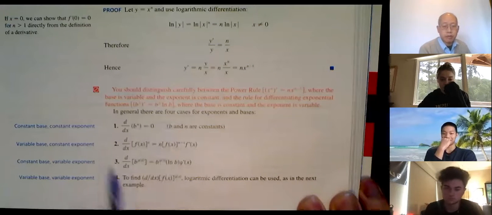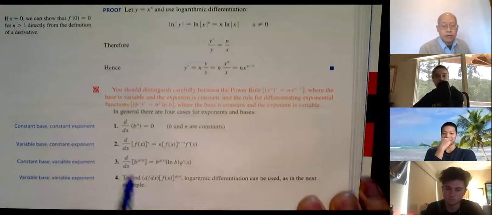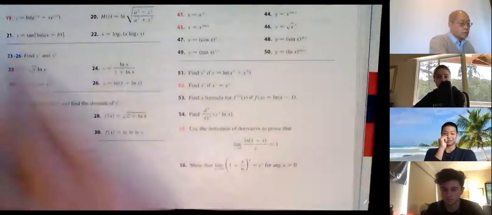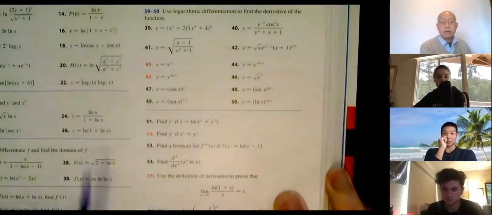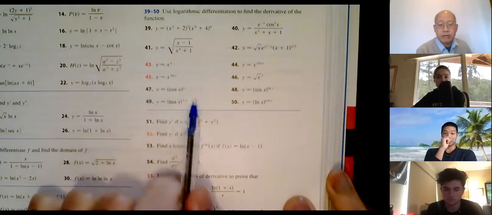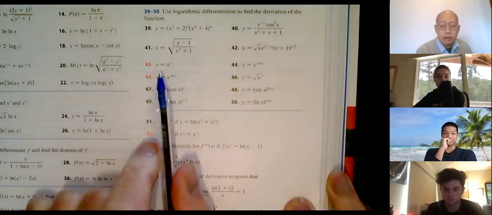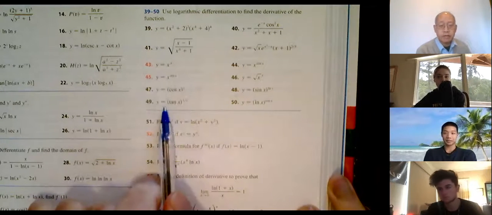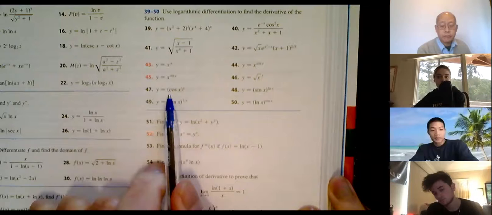Okay, so here's a nice summary. And, you know, it's up to you if you want to put all that in your cheat sheet. That might take up a lot of space, but this covers all the situations. Okay. So as you can see here, right, variable raised to a variable, don't do the power rule, don't do the exponential rule, do logarithmic differentiation. Okay.